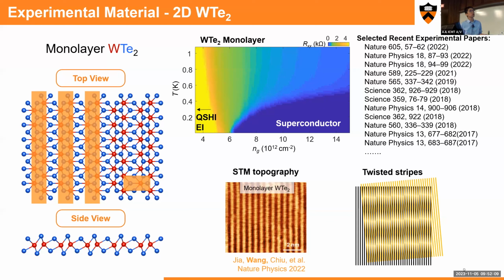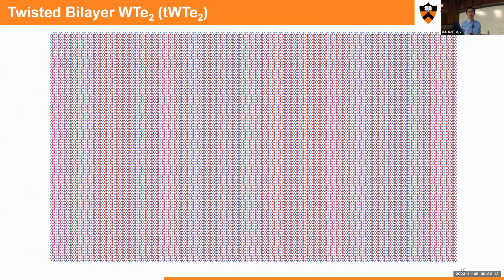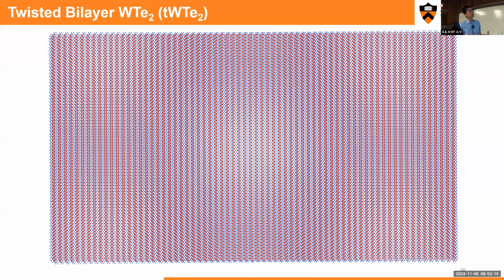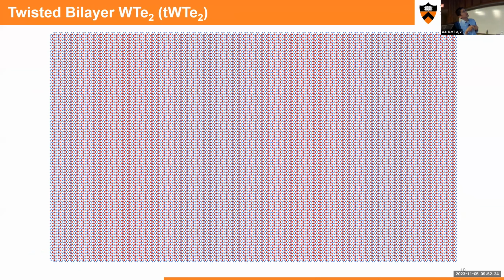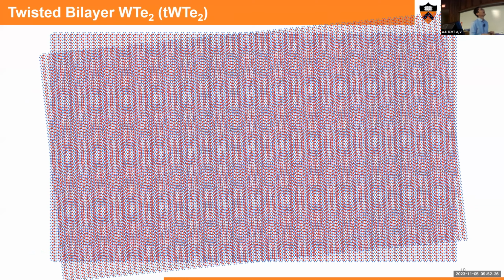I'm going to show you what the Moiré lattice looks like. This is tungsten ditelluride, and then we twist it by some angle. Sorry, the animation is not so good. If you look here, the Moiré unit cell is still rectangular, but it also shows a kind of stripe feature like this.